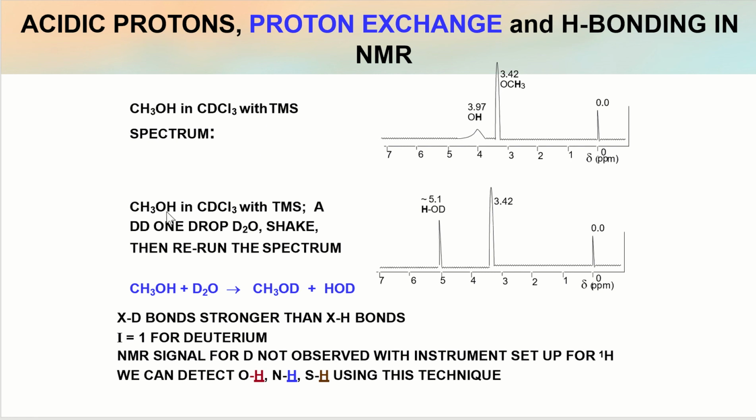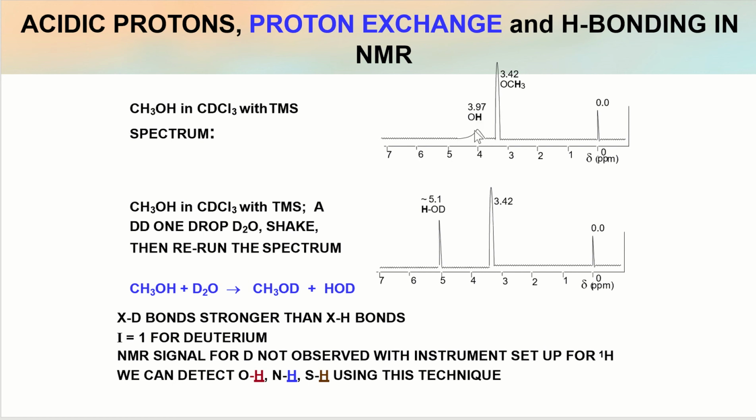All right, so methanol in deuterated chloroform with TMS, that's what we have above. And if we add 1 drop of D2O, shake and then rerun the spectrum, guess what?